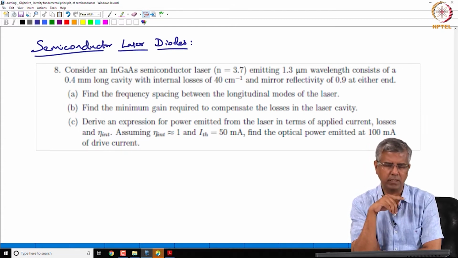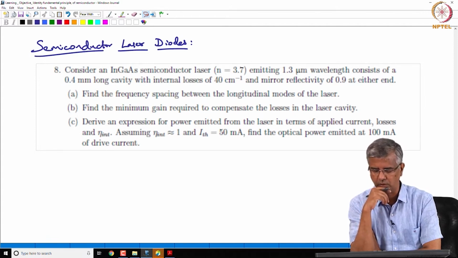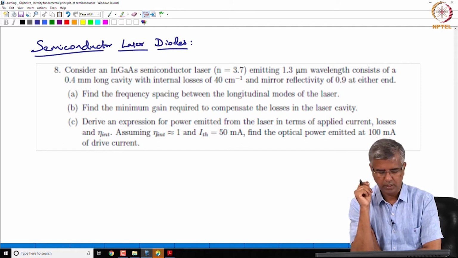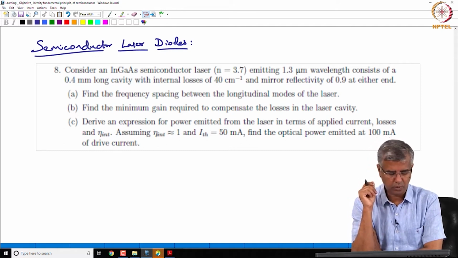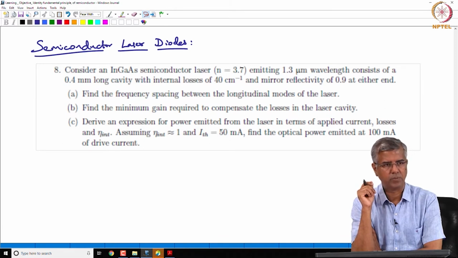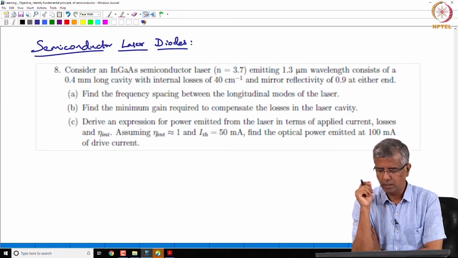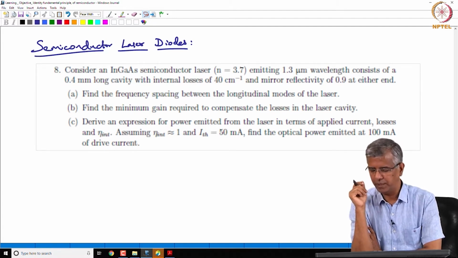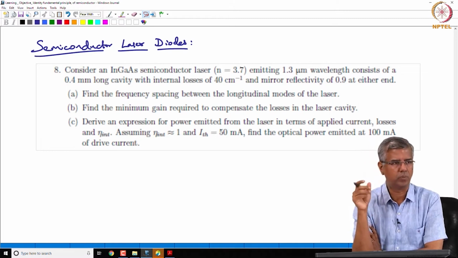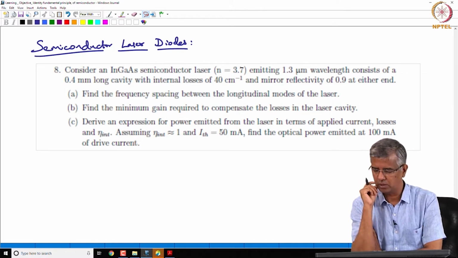So, you can imagine that the band gap energy for this material corresponds to a wavelength around 1.3 microns, and it consists of a 0.4 mm long cavity, that is basically 400 micron long cavity with internal losses of 40 inverse centimeter and mirror reflectivity of 0.9 at either end. So, the mirrors also contribute to the overall cavity losses.